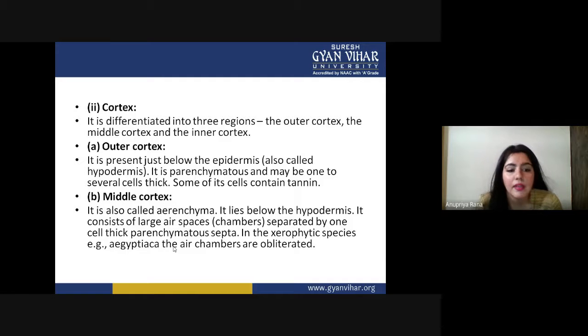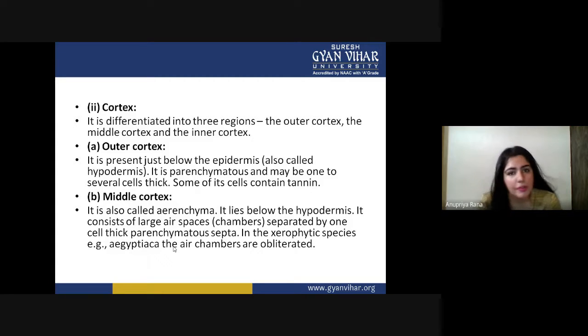Middle cortex is called aerenchyma. Now, this is an important feature that has to be seen in any aquatic plant: the presence of aerenchyma. Aerenchyma are the air chambers. If the plant is present on land, the major concern is to get water. But if the plant is inside a water body, the major concern will be getting air.